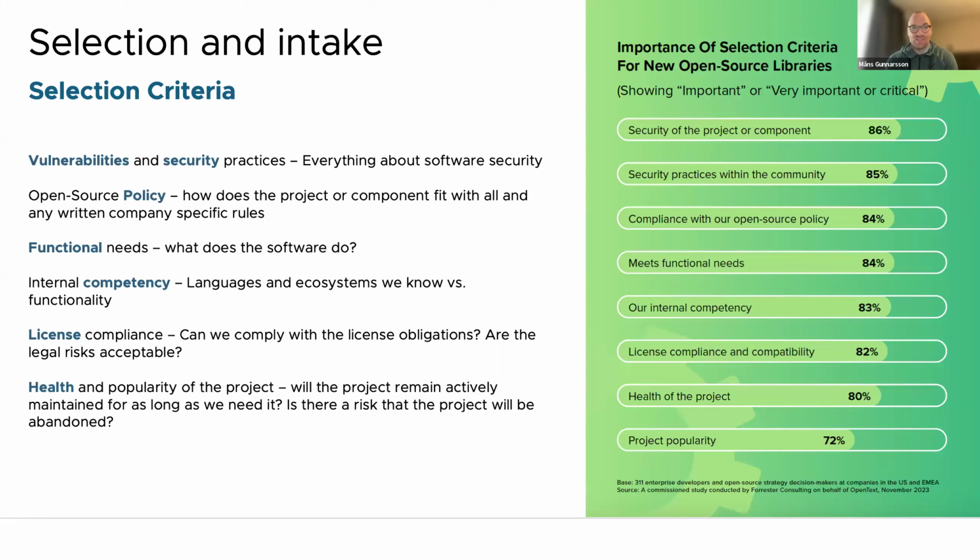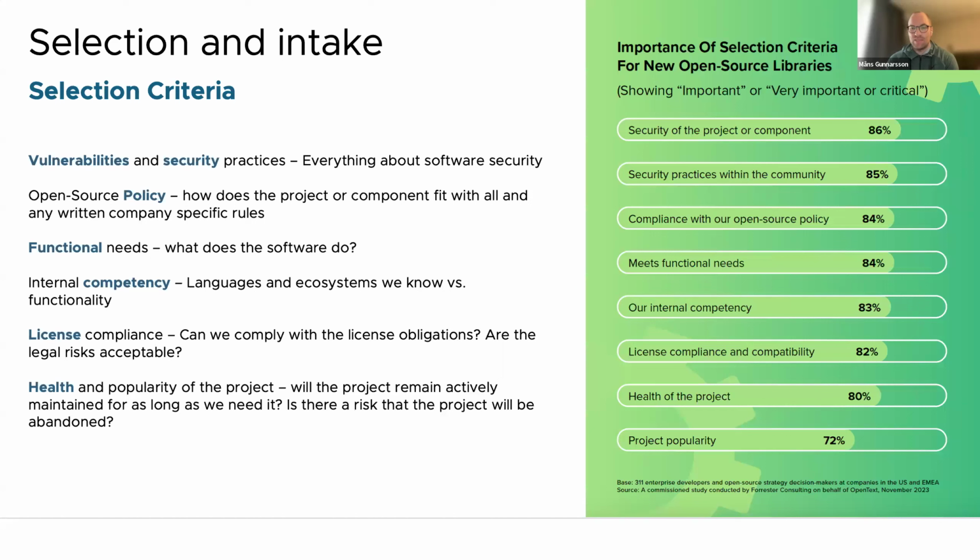Next is open source license compliance specifically, which slightly overlaps with the policy, but answers questions such as, can we comply with the license obligations, and are the license risks acceptable? And finally, health and popularity, where an example of health could be the number of active contributors to a project, and popularity could be the number of forks or stars a product has on GitHub.